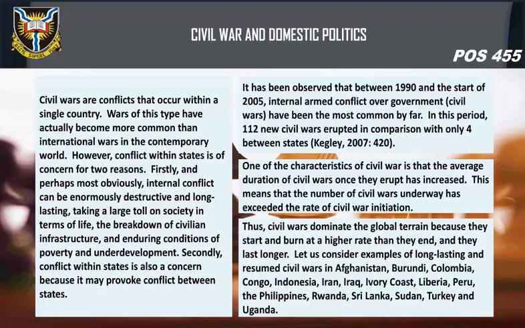Let us consider examples of long-lasting and resumed civil wars in Afghanistan, Burundi, Colombia, Congo, Indonesia, Iran, Iraq, Ivory Coast, Liberia, Peru, the Philippines, Rwanda, Sri Lanka, Sudan, Turkey, and Uganda.